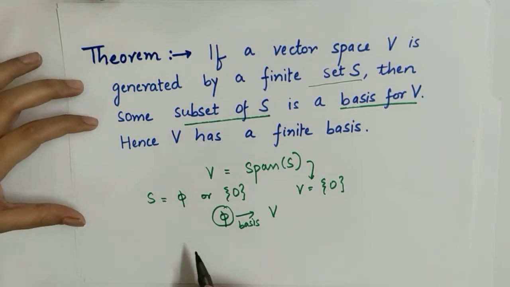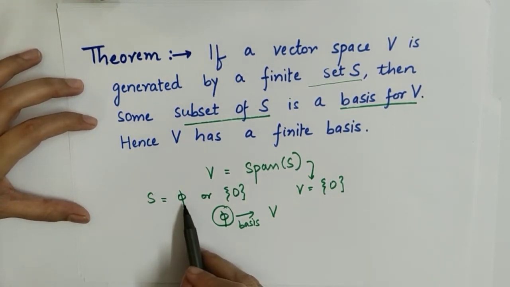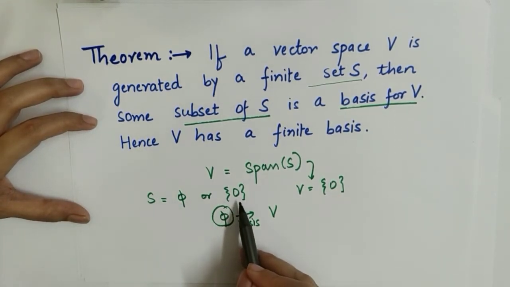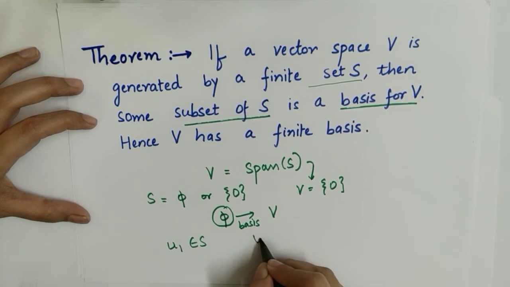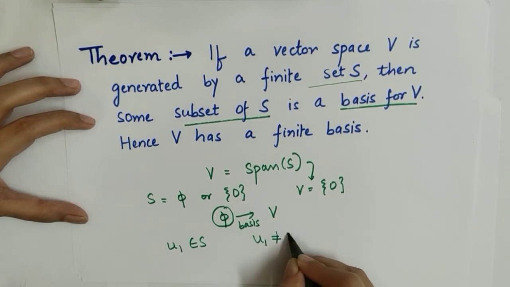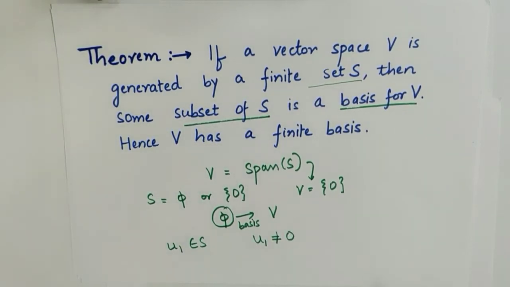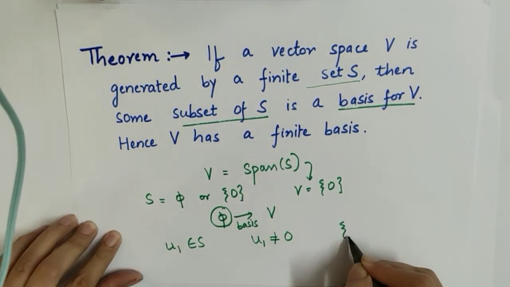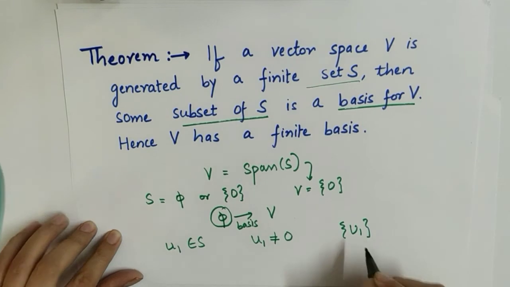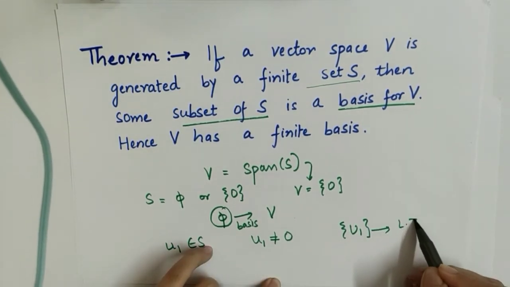So let us now assume that S is neither empty nor singleton 0. So there exists a non-zero element. I've taken U1 that belongs to S. So U1 is not equal to 0. Now clearly singleton U1, if I take, this is linearly independent.